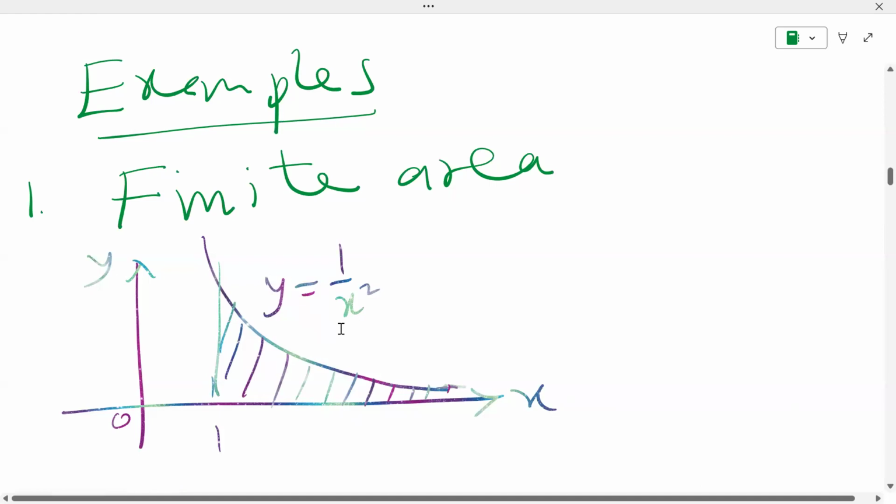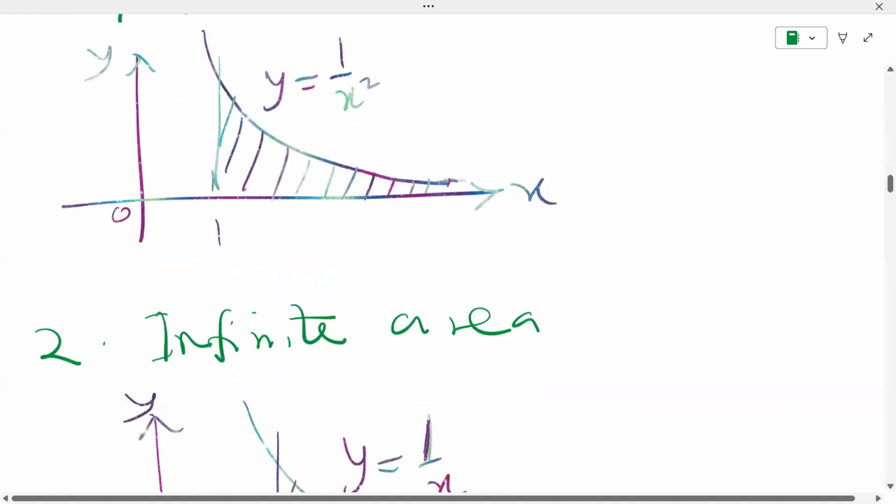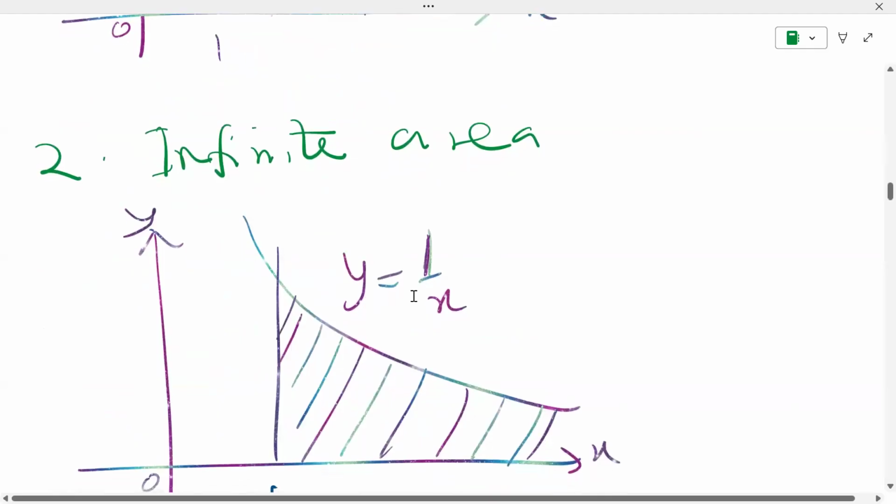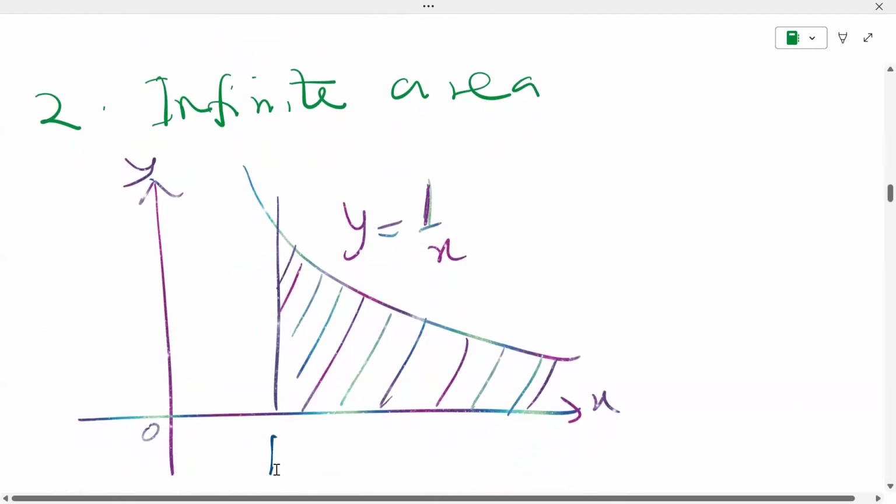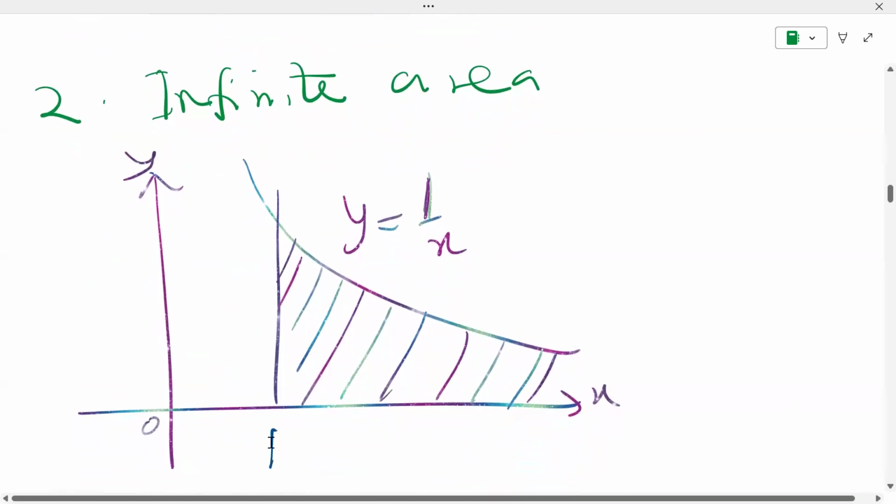And so we'll say that the area is finite, and therefore this converges. Now, for this one, y equals 1 on x, from 1 to infinity, or we can give it a to infinity. When we compute this, we will not get a finite number, and so we say that this is an infinite area.